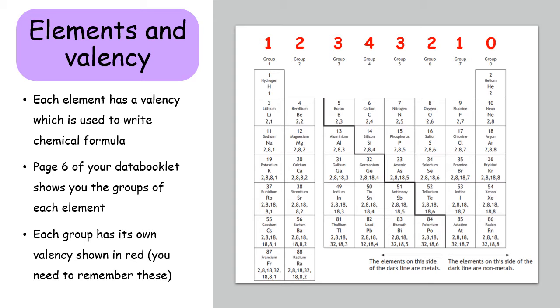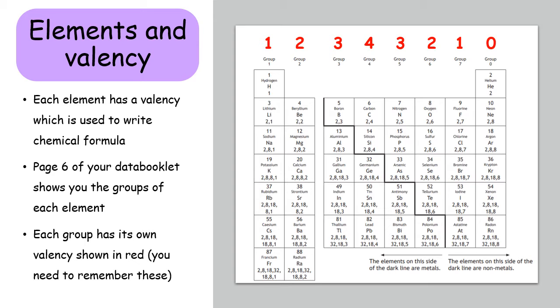That's very easy. But after that, we've got to remember that once we get to group 4, the numbers start counting back down. So group 5 has a valency of 3, group 6 has a valency of 2, group 7 has a valency of 1, and group 8 or group 0 has a valency of 0.